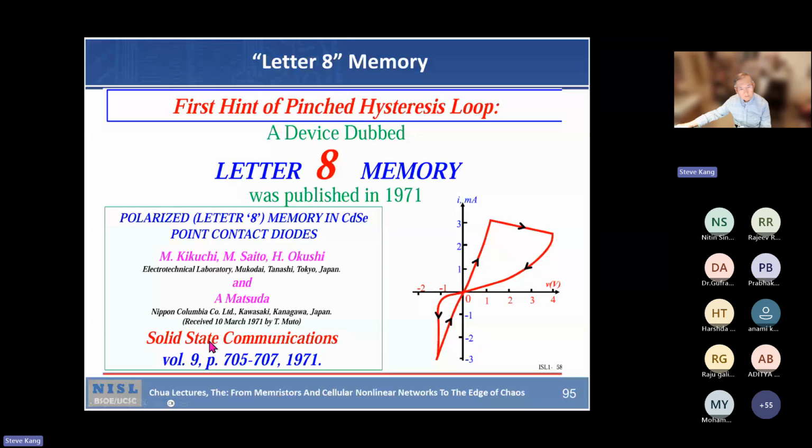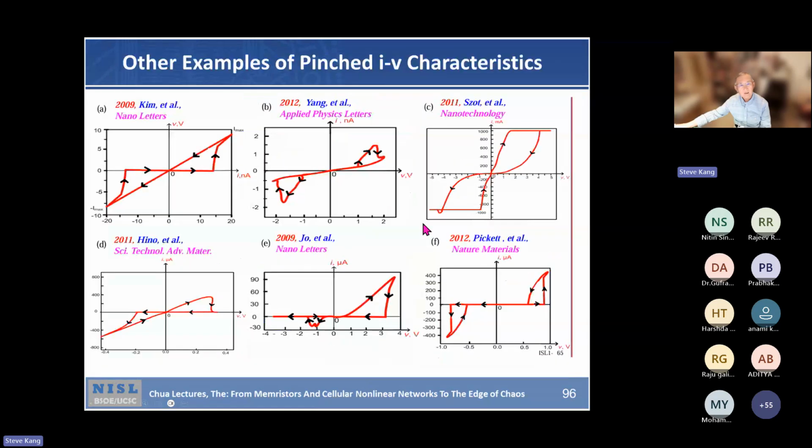In their publication in Solid State Communications, they report a "letter 8 memory." See, this is an 8 figure, but it passes through the origin. They didn't know it was a memristor, but they reported this letter 8 memory. It was the first hint of a pinched hysteresis loop, but they didn't know it was a memristor. So there are many cases like that.